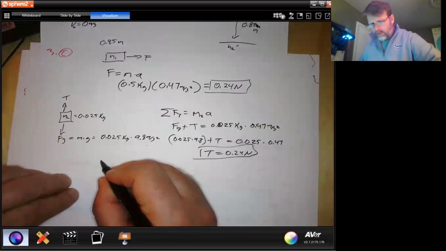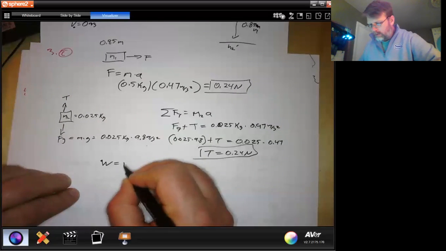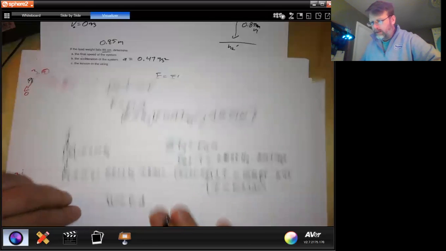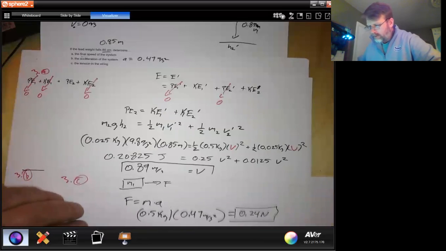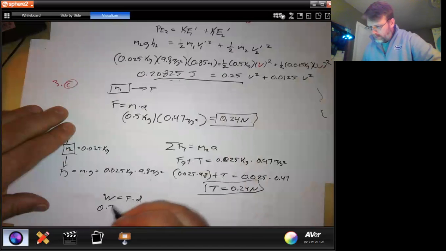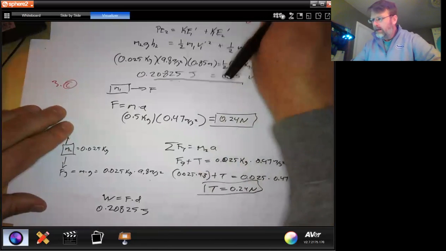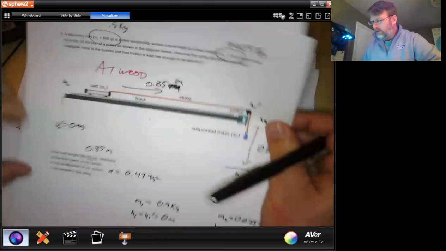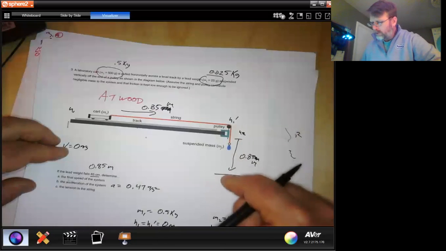Heck, why don't we try to do this one more? We could actually do this 2 more ways. We could also do work equals force times distance. If we looked at this number, 0.20825 joules, that's how much work they had to do to lift this mass in order to go from here to here.